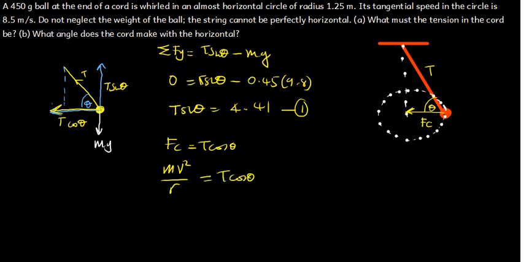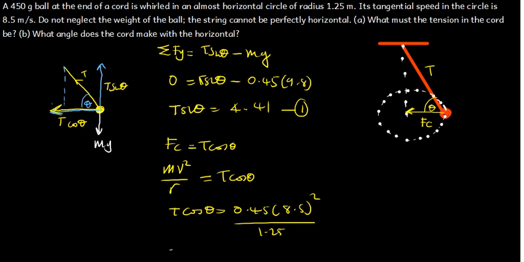So T cos theta will be equal to, where there is mass, we put 0.45, and the linear velocity we've been given, that is the tangential speed, which is 8.5, squared, divided by the radius. The radius was given as 1.25 meters.